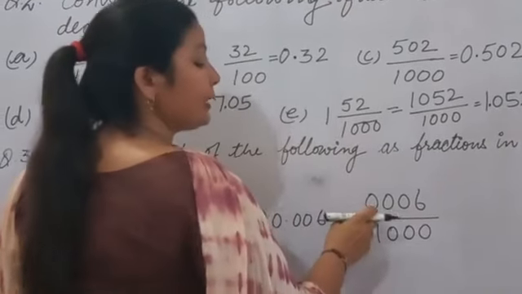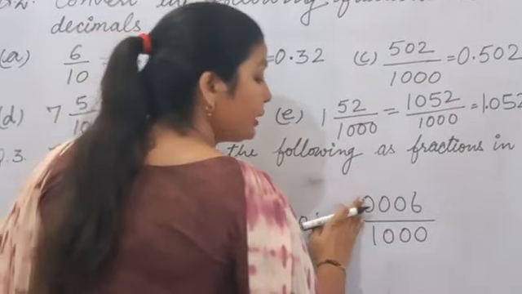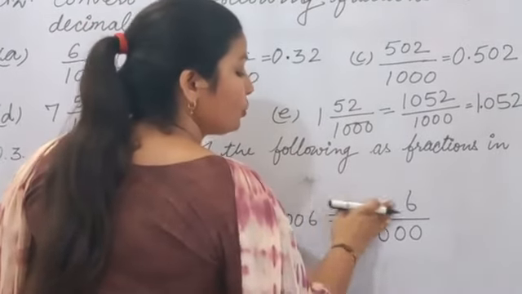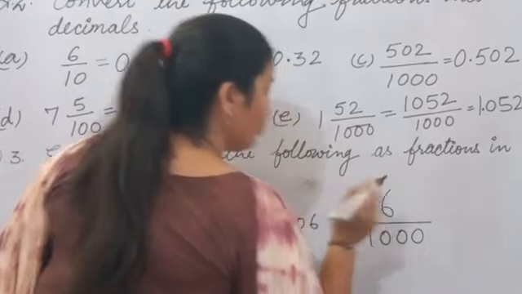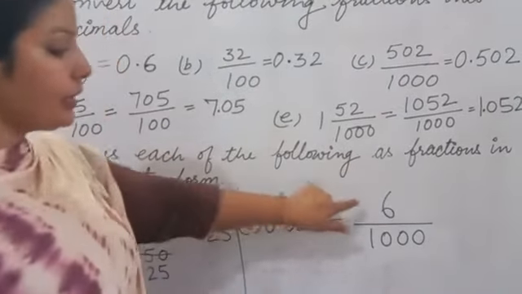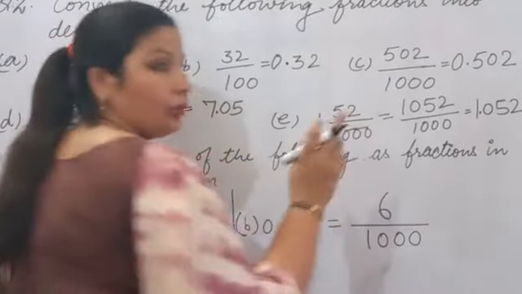Now you can see that 0006 means क्या होगा, only 6. So no need to write these zeros, we can write directly 6 upon 1000. हमें ये जीरो लगाने की जरूरत नहीं थी यहाँ. Okay, so directly we can write 6 upon 1000.